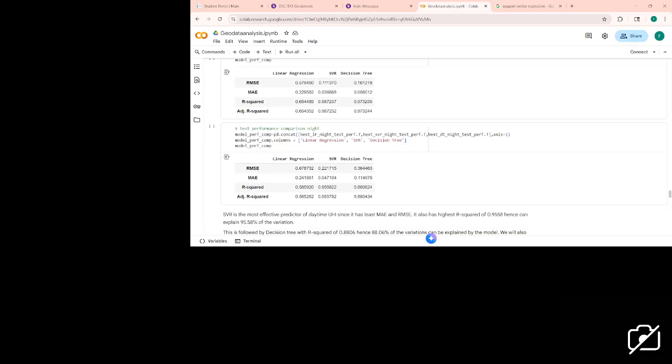And as we noted, we'll also go with the 2 models so that we will utilize the feature importance in the decision tree to know which features are driving these variations.